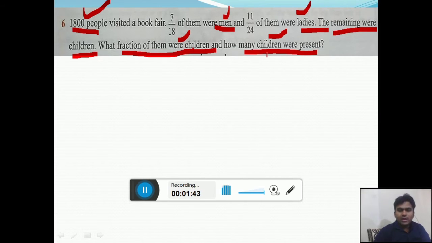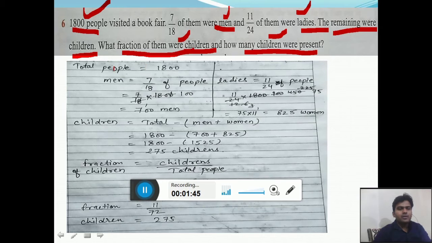So let's see how to solve this question. First, write down the number of people. As I told you earlier, we can find the men by multiplying 7 upon 18 of the people, so 7 upon 18 into 1800.